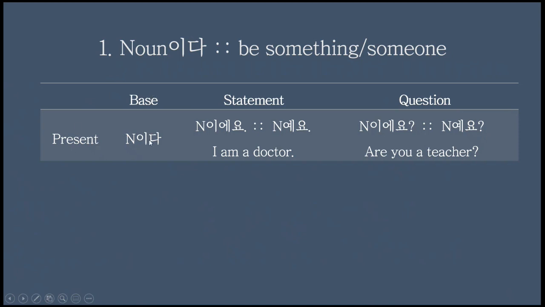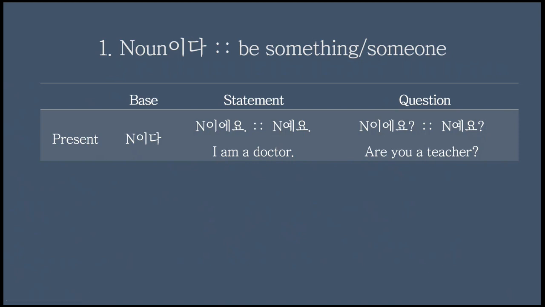I gave you the base form, noun 이다, but we always have to use the conjugated form, isn't it? noun이에요 or noun예요. What's the difference? Exactly, the 받침. 받침 있어요, 이에요 말해요. 받침 없어요, 예요 말해요.